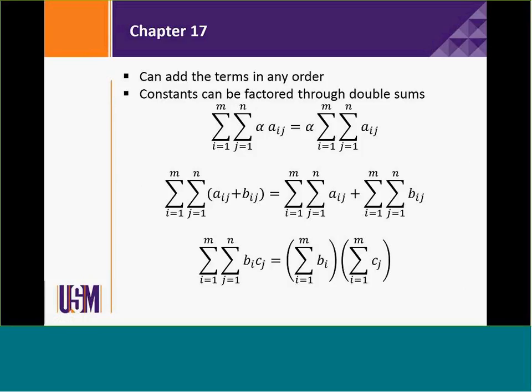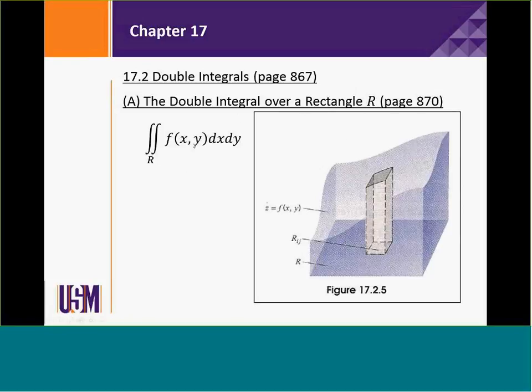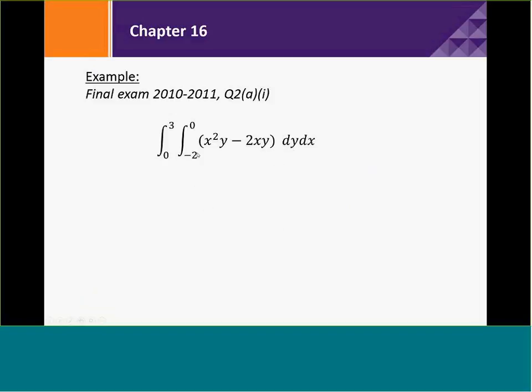So the simplest one, the double integral, will be integrating over a rectangle R. Now if two variables, it means you are in 3D. So the region R here can be in any shape. The simplest one will be the rectangle, because all you will involve is only value. So this is the simplest one.